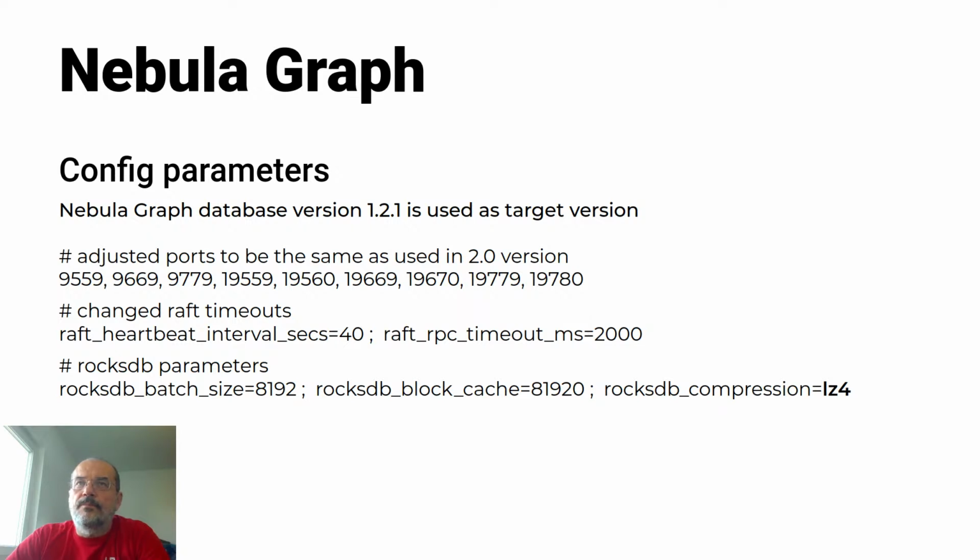After that, 2.0 was released, and we decided to adjust some parameters for ports which are used on each node to those ports used in 2.0, because of the future updates we are expecting to do to upgrade the Nebula cluster.